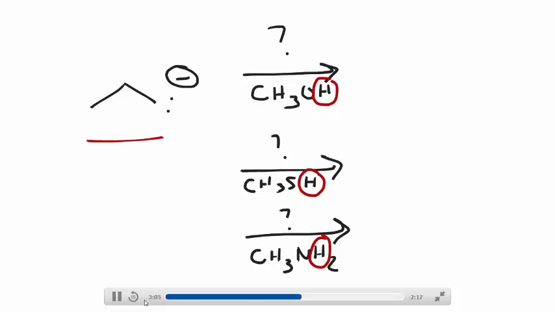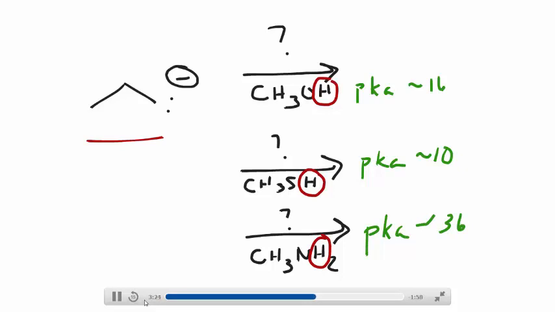In the case of the alcohol, the pKa is around 16-ish. For the thiol, that's probably going to be more around 10-ish. And for the amine, that pKa is probably going to be around 36-ish. So any one of these would be strong enough acids to do favorable acid-base chemistry with this particular base.